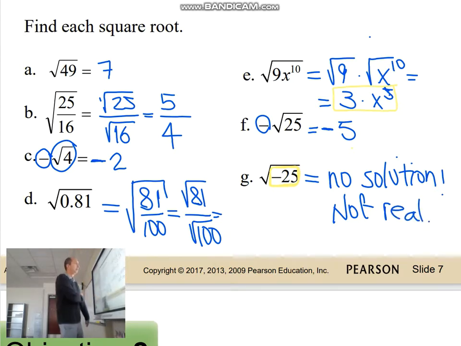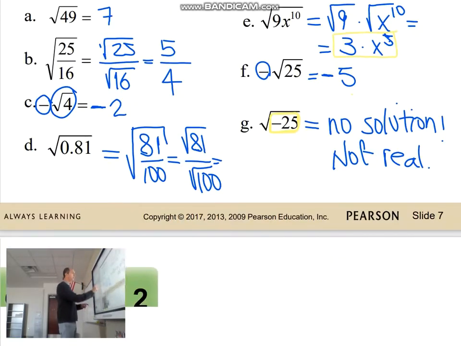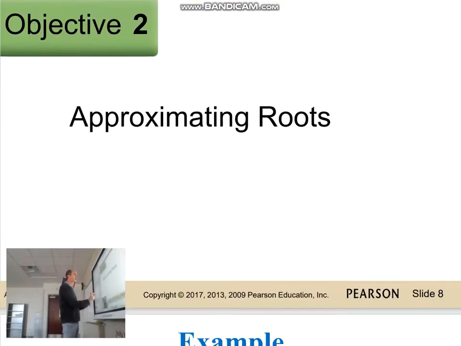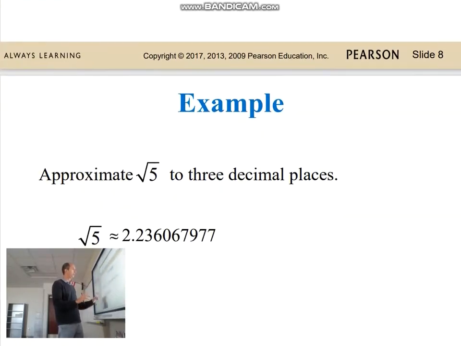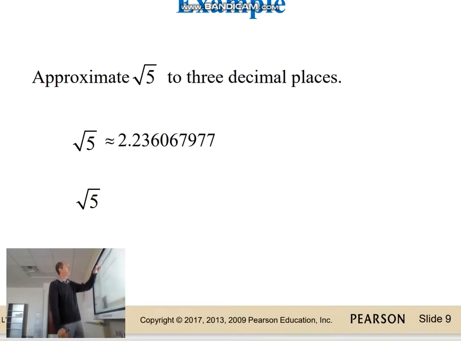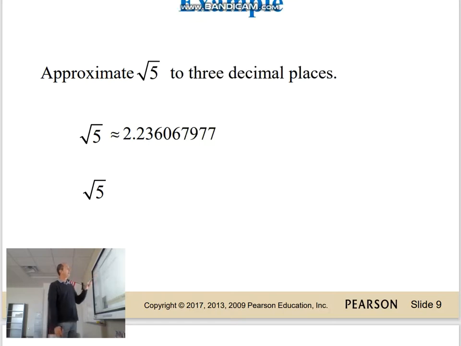Okay? Alright, moving on, because now we will work on objective number 2, approximating roots. This is quite simple, and we will see this real quickly. Let's say we have a square root of 5. If you type it in your calculator, you're going to find a bunch of numbers, right?